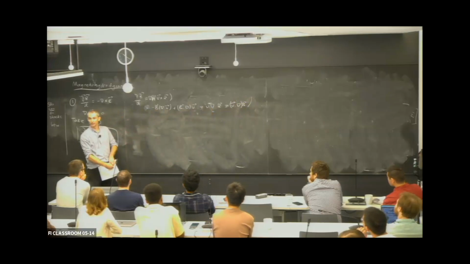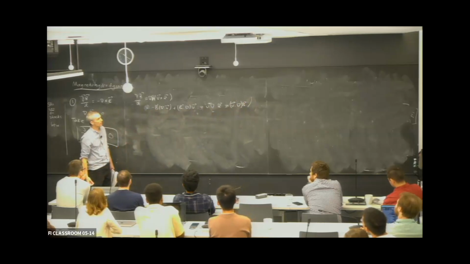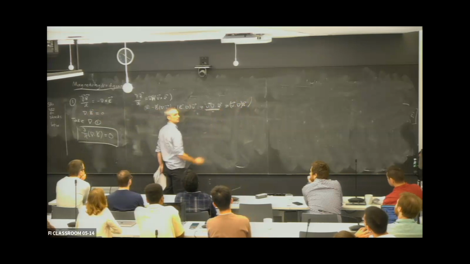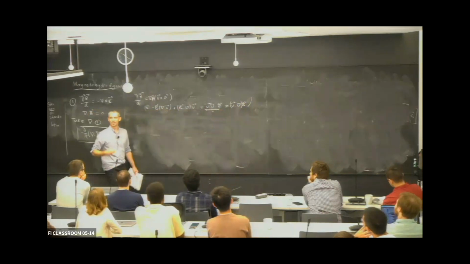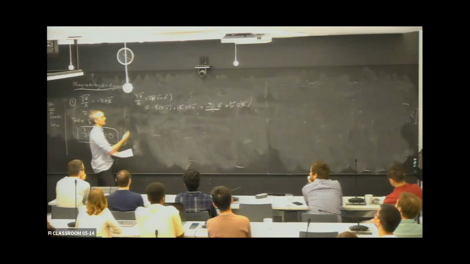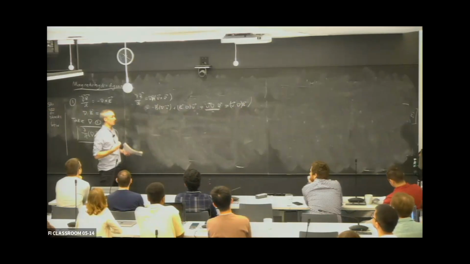What do I find? I find I got a term involving div B in here. Okay, what should I do? Should I use the curl of V cross B or should I use something different? I mean, it should be 0, but it's not going to be 0 in my code. If I discretize the curl of V cross B, it's going to be slightly different.